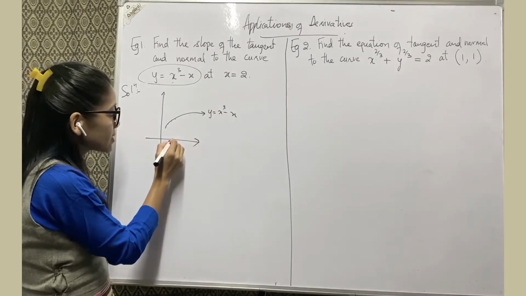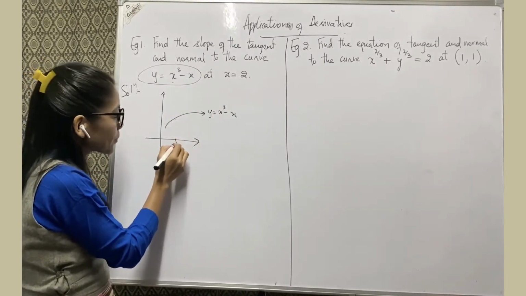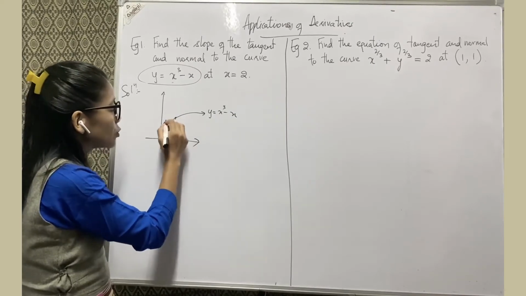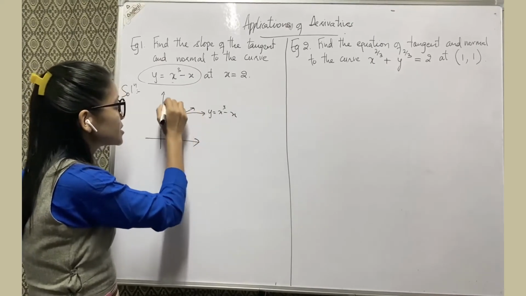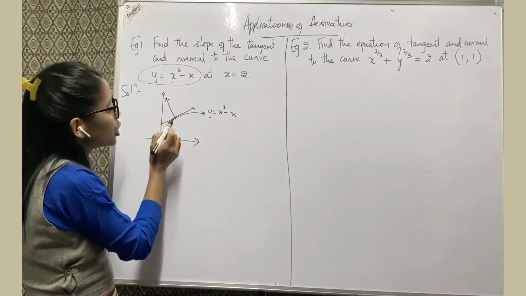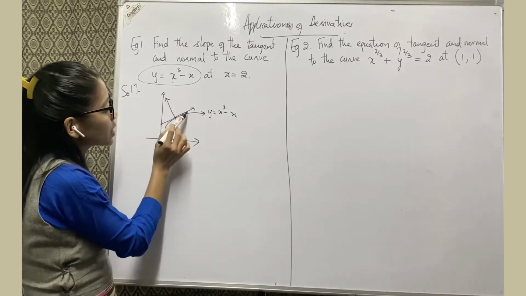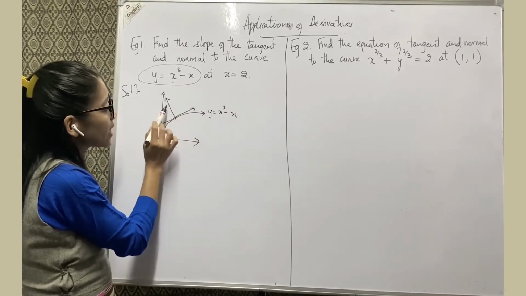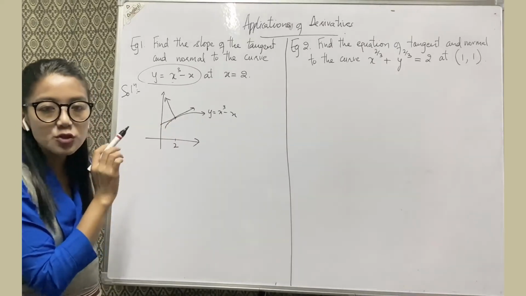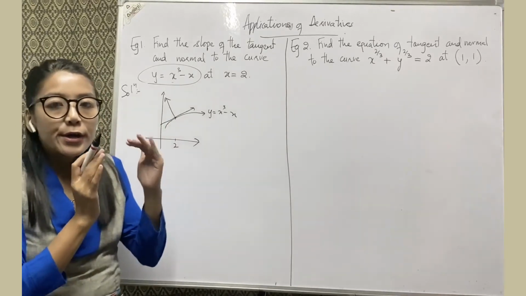So if my x is equal to 2 is here, then at this point you get a unique tangent. This is the tangent and this is the normal, right? So you are asked to find out the slope of this tangent and this normal. Is that clear? So this is what the question is.